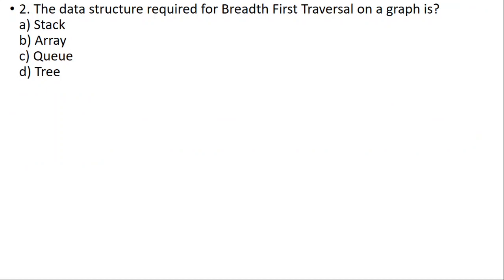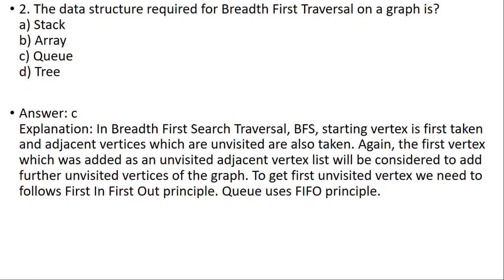The second question, the data structure required for breadth first traversal on a graph. The answer is C, queue. In breadth first search traversal, starting vertex is first taken and adjacent vertices which are unvisited also taken.